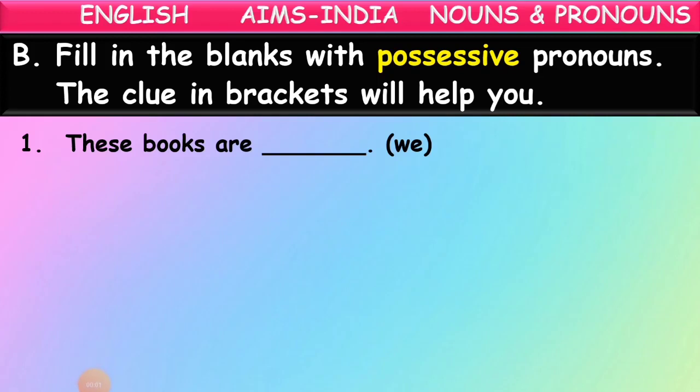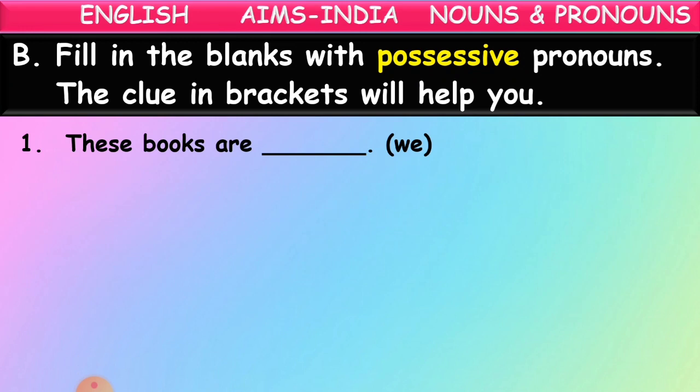Fill in the blanks with possessive pronouns, and the clue in brackets will help you. Possessive pronouns, do you remember what they are? Like mine, ours, his, hers, theirs and all this. These are all possessive pronouns. Here is our sentence: these books are dash.